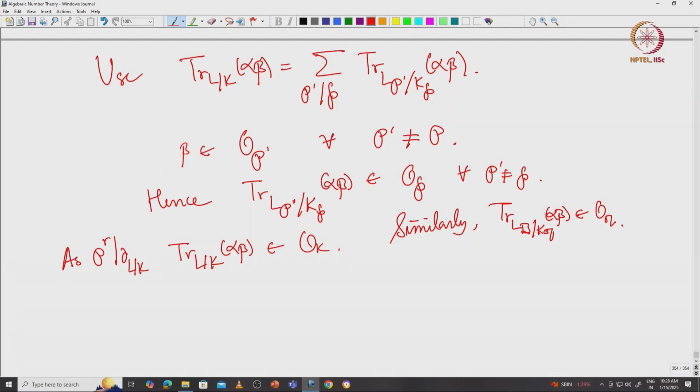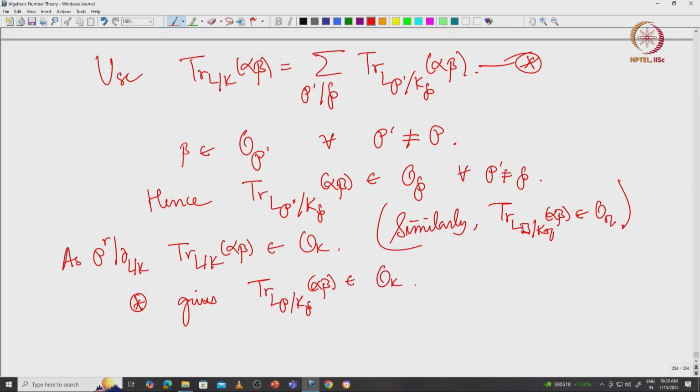Okay. So using star gives, we do not really use this, but I just wanted to say that that also holds. Using star gives trace from L_P to K_p of alpha beta is in O_K, right. So hence P to the r divides D_{L_P} over K_p.